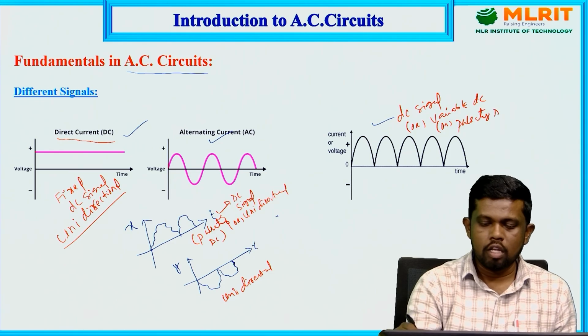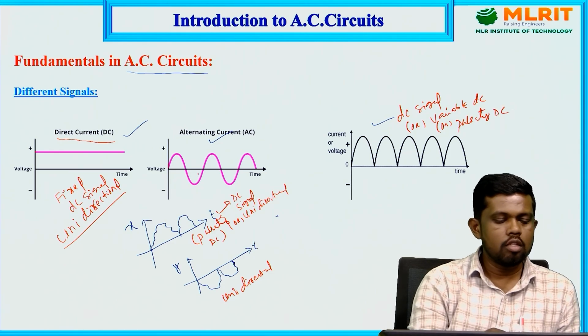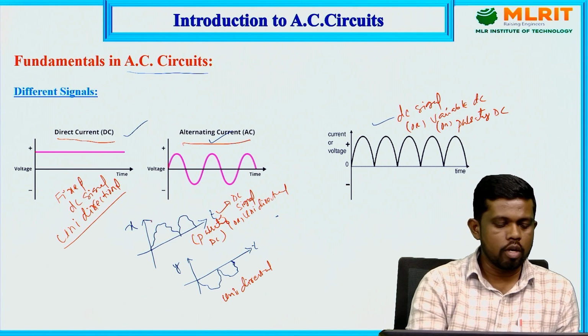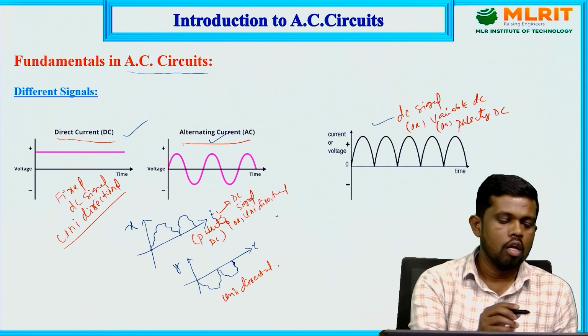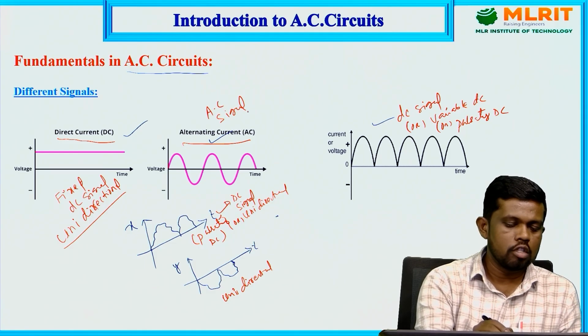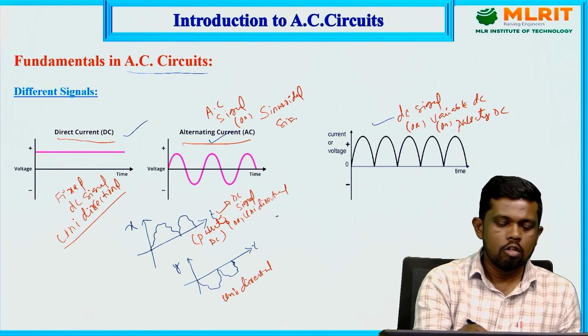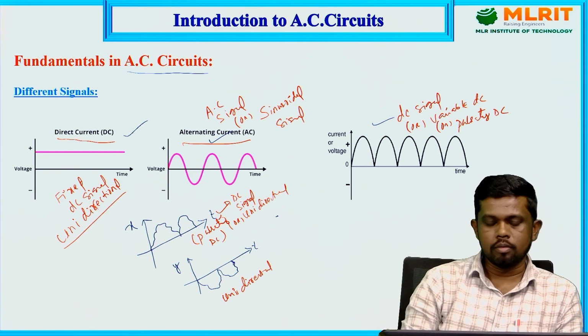So from these 5, only one signal is under the category of alternating, and the other 4 signals are DC signals. This one is called an alternating signal, AC signal, or we can say a sinusoidal signal. So these are the different signals, AC signals and DC signals.